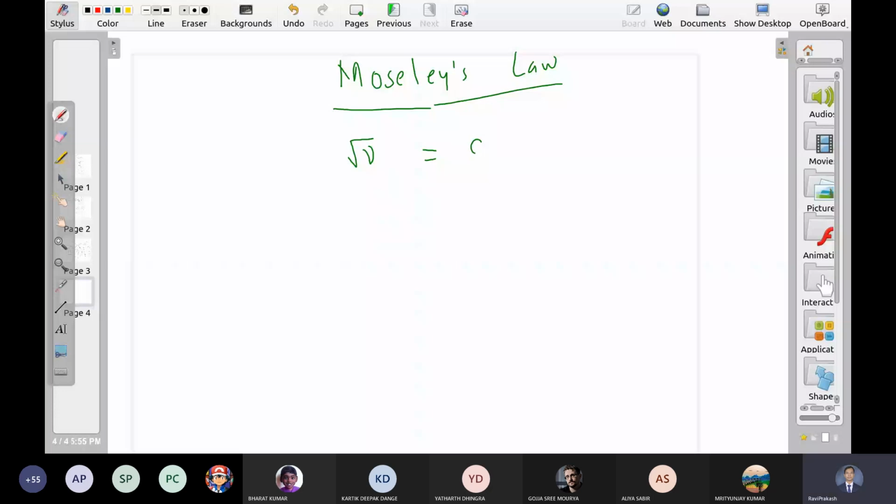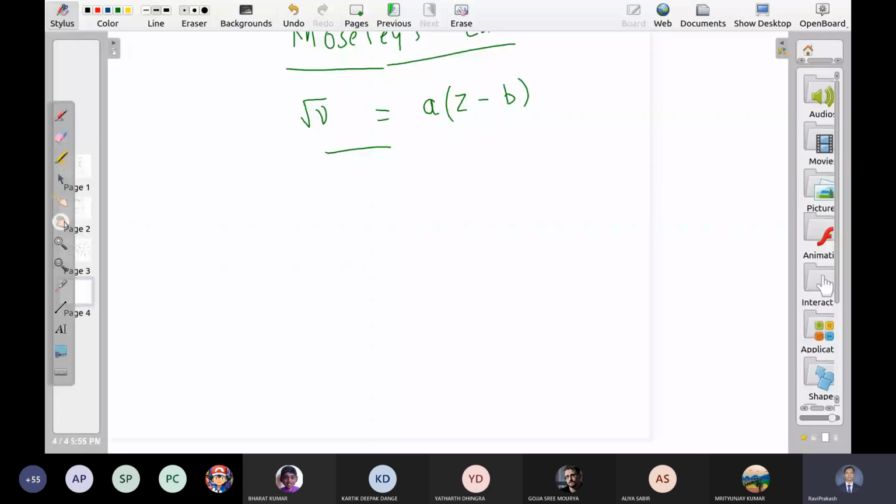It is quite easy to find. It is not difficult. So what is the theory of characteristic spectra? This is for characteristic X-rays. So what is the source of characteristic X-rays? We have two energy levels, E1 and E2.